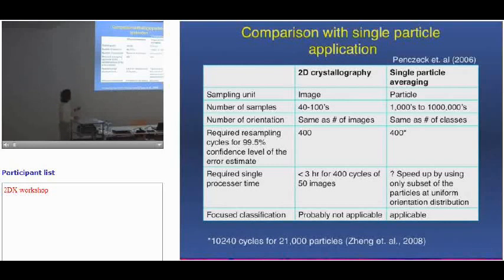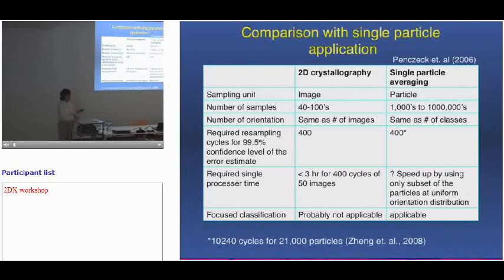The number of orientations for us will still be in hundreds at the most. For them, it will be the same as the number of classes that you use for your classifications, so that can be a reasonably large number too.